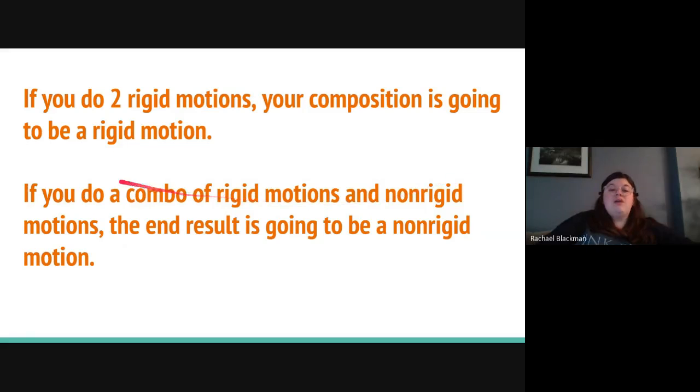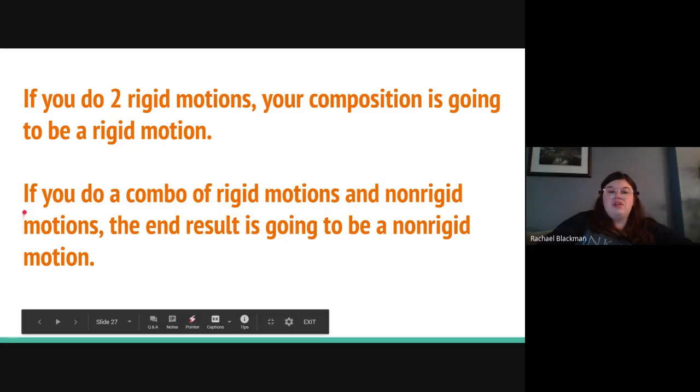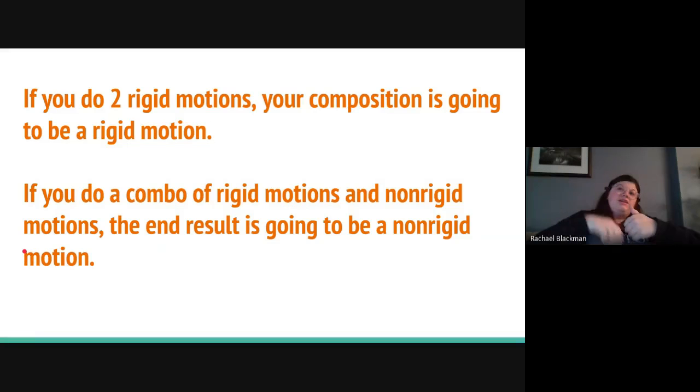If you do a combination of rigid and non-rigid motions, let's say you do a translation and a dilation, the end result, your composition, is going to be a non-rigid motion, because as soon as you threw that non-rigid motion into your composition of transformations, it definitely changed the size or the shape. So your end result of a rigid and a non-rigid motion together is going to be a non-rigid motion.